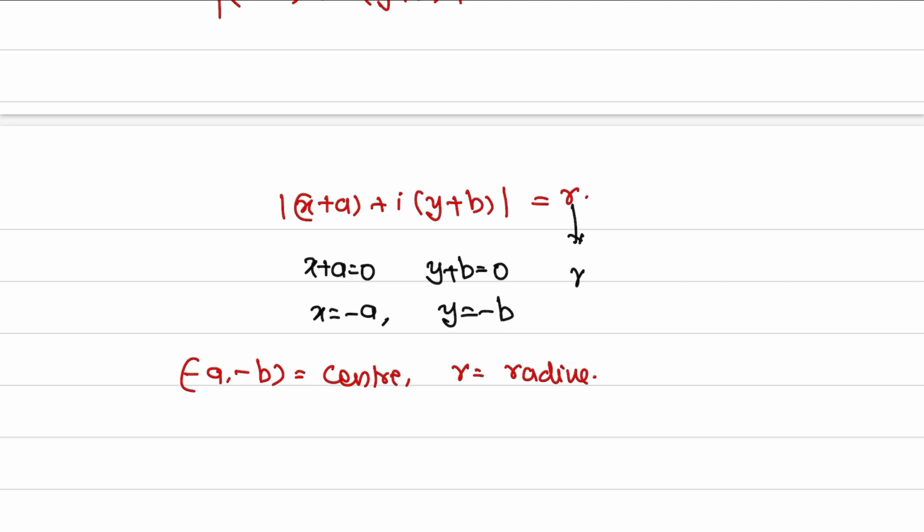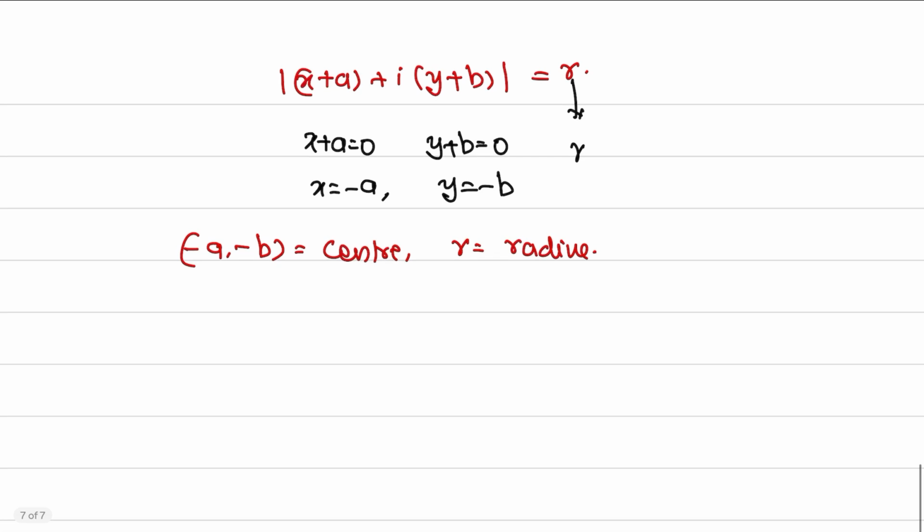This is the locus of a circle, with its center at (minus a, minus b) and r as the radius. We can better write it this way.